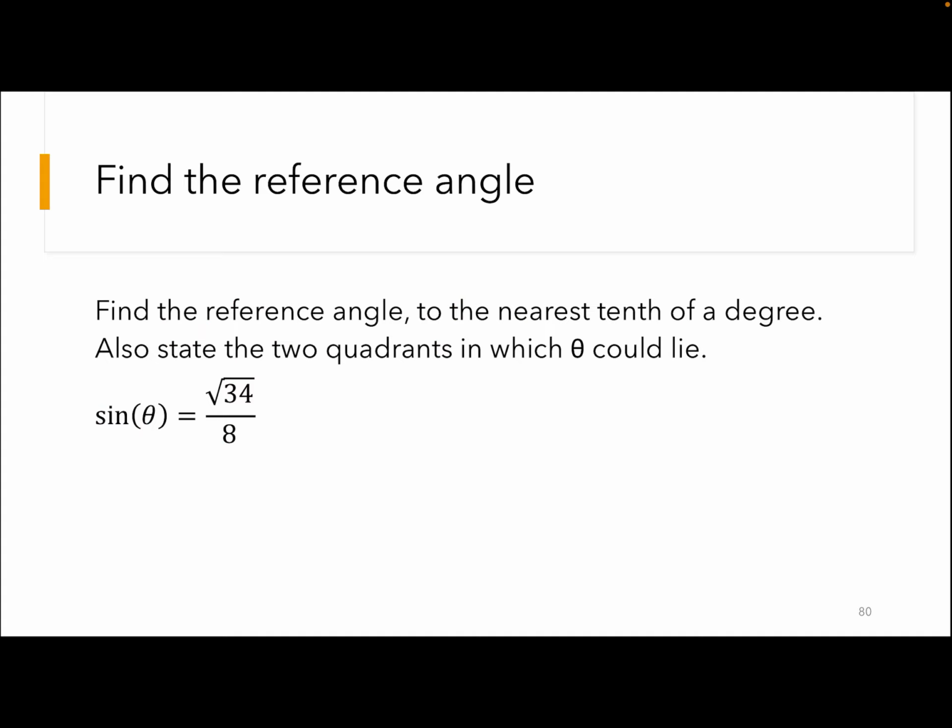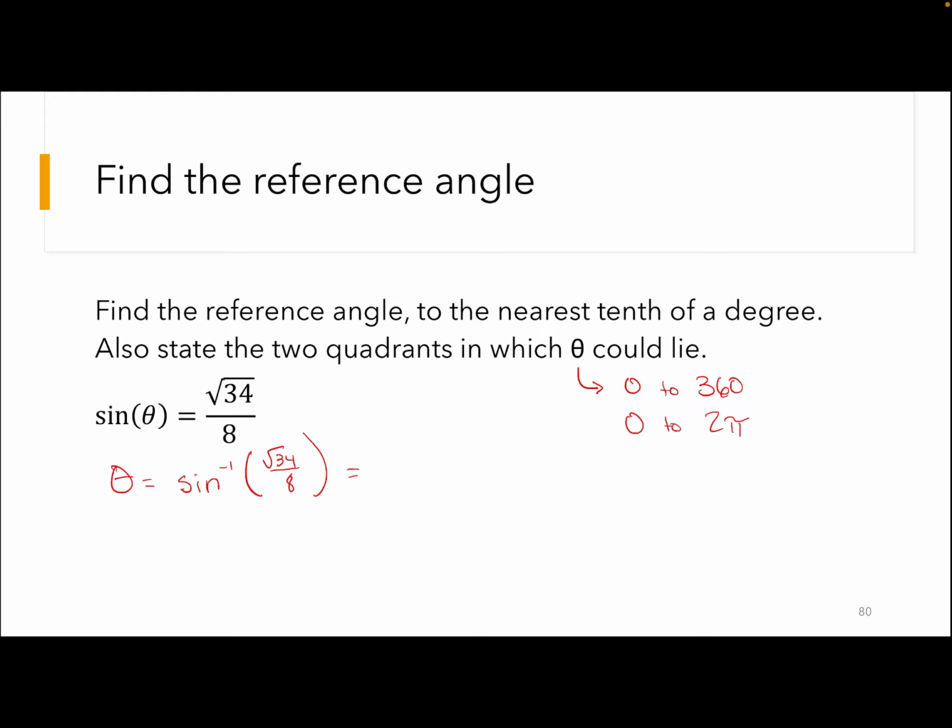All right, the last thing that we're going to do is find the reference angle, which is what we did on the previous 2 slides, and also state the 2 quadrants in which theta could lie. Again, this is assuming we're going from 0 to 360, or 0 to 2 pi. First, theta is sine inverse of square root 34 divided by 8.